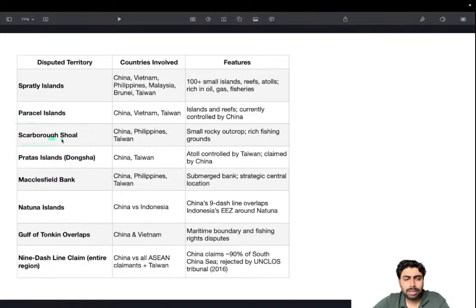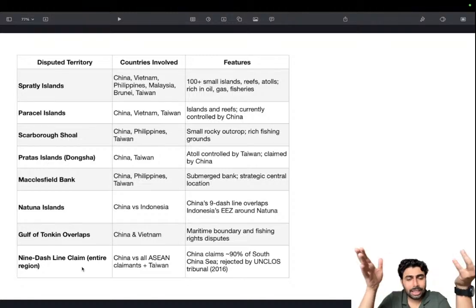But understand the major countries that are having a dispute. It's China and Philippines, Scarborough Shoal. Sounds like a proper Western or American name, and Philippines has American heritage on that matter. So China and Philippines is there. Then Natuna Islands, China versus Indonesia. Nine-dash line claim. China claims the entire South China Sea based on a nine-dash line they have drawn on the map.